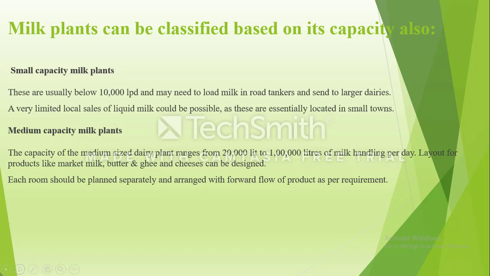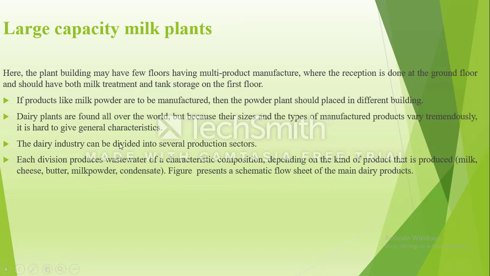Next is the larger capacity milk plant. In a larger capacity milk plant, the building may have few doors with multi-product manufacture, where the reception is done at the ground floor and there should be both milk treatment and tank storage on the first floor if products like milk powder are to be manufactured.